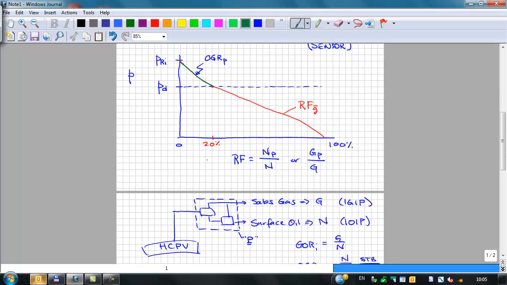But then, as you go below the dew point, you get retrograde condensation dropping out of the gas, and the carrying capacity of the gas, carrying capacity of what? Of condensate, drops. That's the little Rs term, solution oil-gas ratio, drops. And as a consequence, because the only recovery of oil we get in a gas condensate comes from what is being carried in the gas. That's important to remember. I don't care what your relative perms are. I don't care how rich your initial gas condensate is.